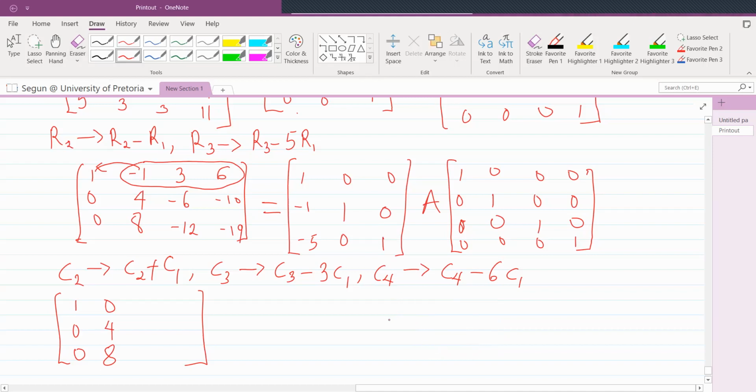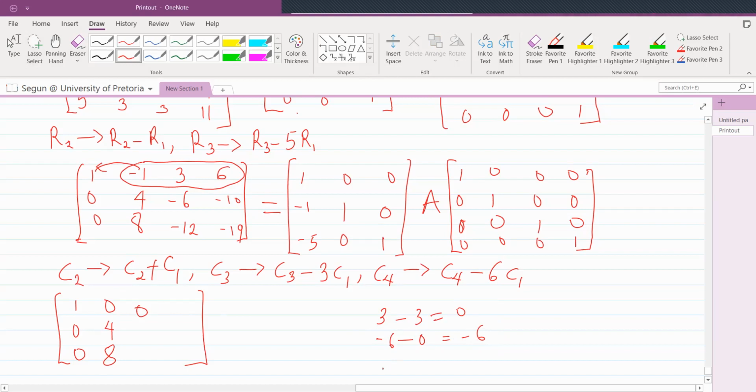C3 will be 3 minus 3 times C1. C1 is 1. 3 times 1 is 3, 3 minus 3 equals 0. You come here, you put 0. Then we have minus 6 minus 3 times 0, equals to minus 6.